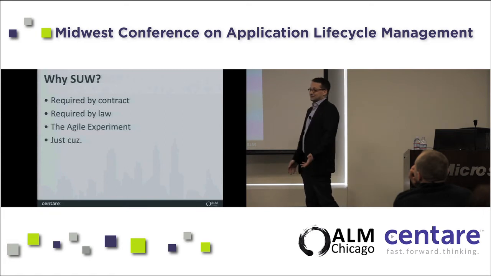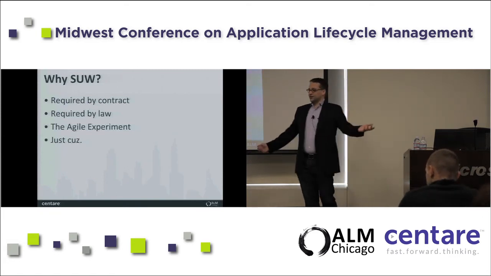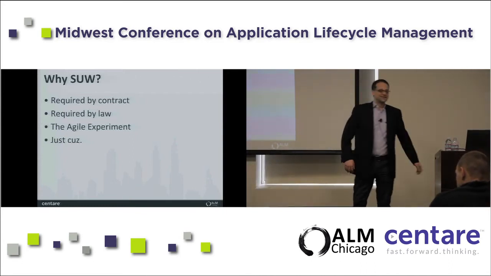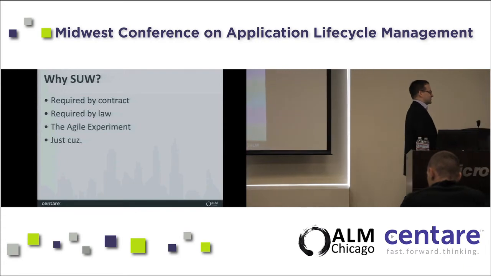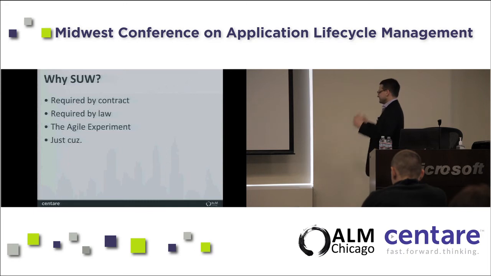Other times it's the first Agile project inside of your organization. They're just like, hey, let's try this new cool thing that all the kids are talking about. What is it? Agile. And then sometimes it's just because that's the way your company wants to work. Government agencies, for example.